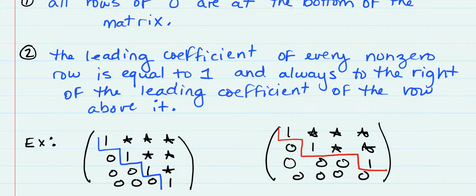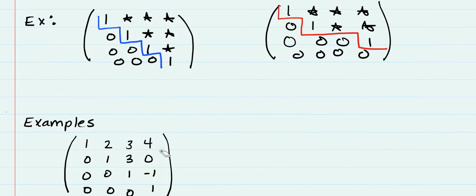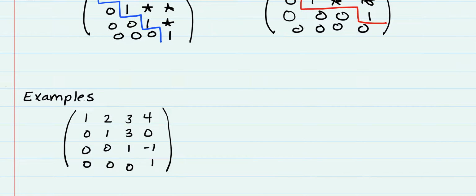Okay, let's look at some real examples where these are not just stars. Is this matrix in row echelon form? The answer is yes. You can see that all of these have a 1 as a leading coefficient, and each one is to the right of the one before it.